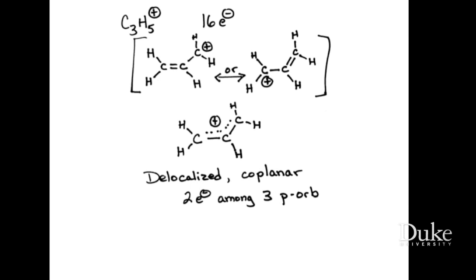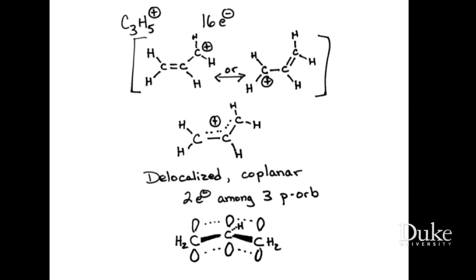And what we've got here is a pair of electrons that are shared among the 3 p orbitals in the sp2 hybridized carbon atoms. So if we drew this picture, what you can think of is now kind of looking in the plane of the carbon-carbon-carbon skeleton. 3 p orbitals that are all oriented up and down here. So in that sense, they are coplanar or periplanar.